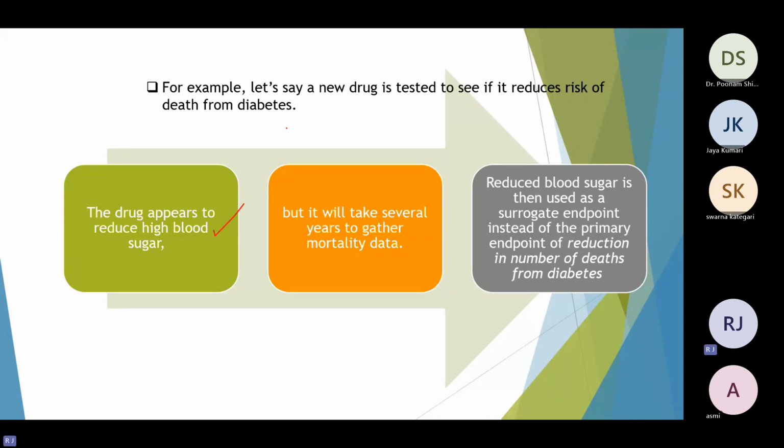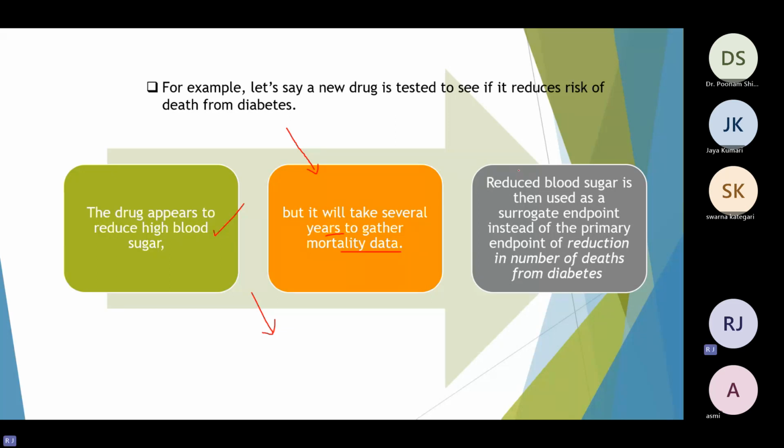But to check whether our drug is going to reduce mortality or not, it will take years, right? Then we have to see how many subjects are alive and how many subjects died. It will take years to know. We cannot have that primary objective, right? And we cannot have that primary endpoint.